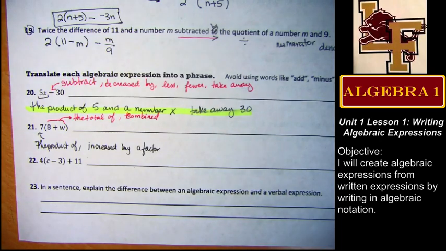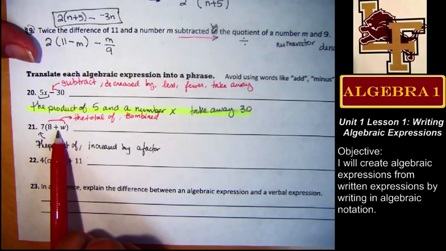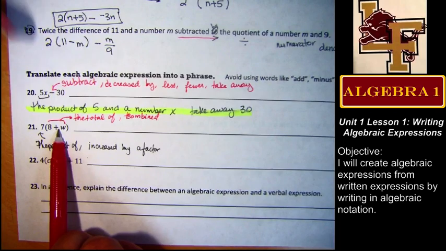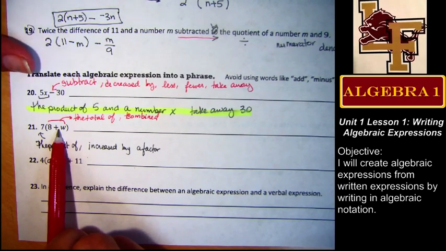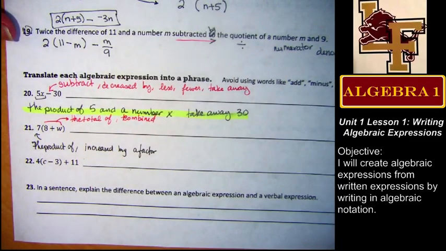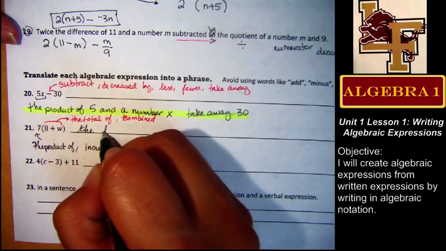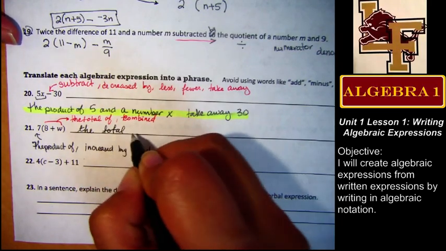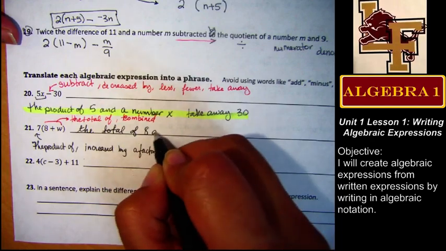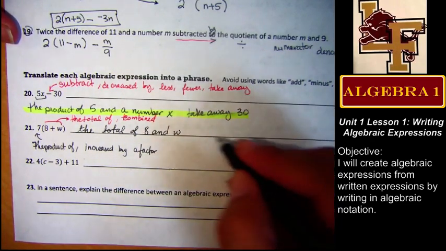All right, so let's see. In this case, I think we need to write this inside first. So the total of 8 and W, increased by a factor of 7. The total of 8 and W, oh, I said I would get the word combined in there, right?